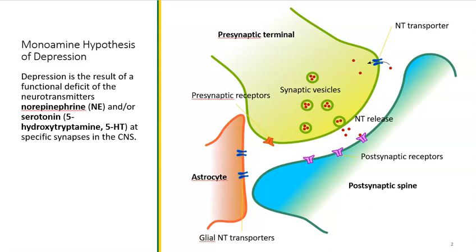So the monoamine hypothesis of depression states that depression is the result of a functional deficit of the neurotransmitters norepinephrine and/or serotonin at specific synapses in the central nervous system. Now, when I'm talking about norepinephrine in class, you'll usually see it as NE on the exams, and serotonin is usually presented as 5-HT.